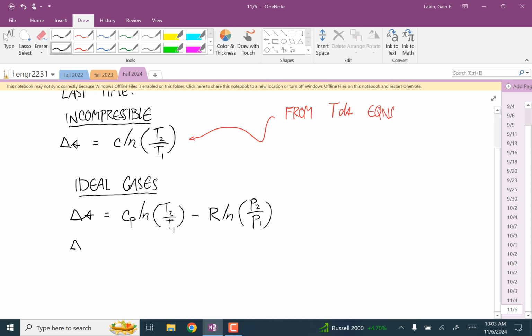And then you have delta s is equal to Cv times the natural log of T2 over T1 plus R times the natural log of specific volume V2 over V1.